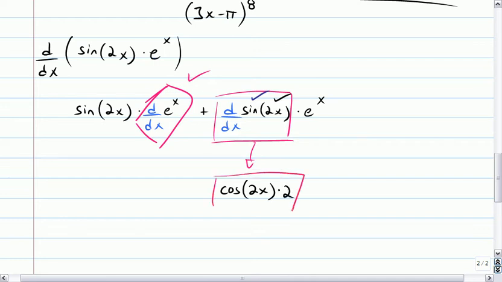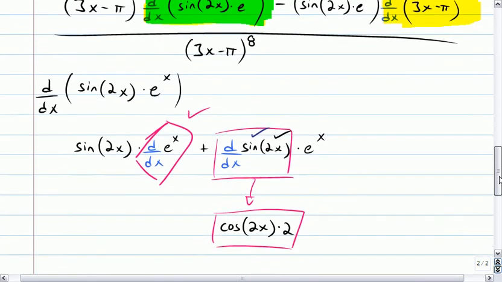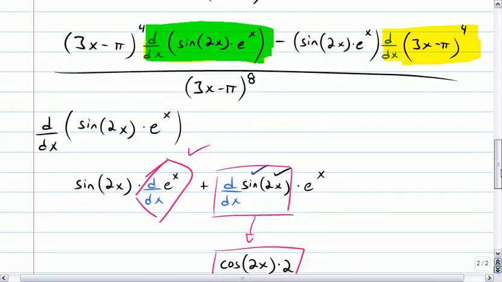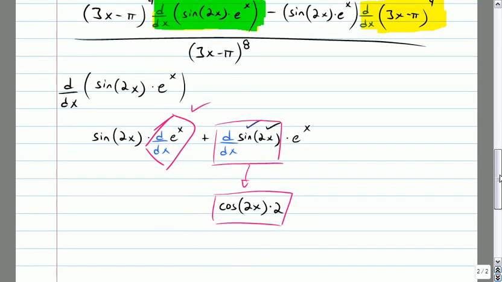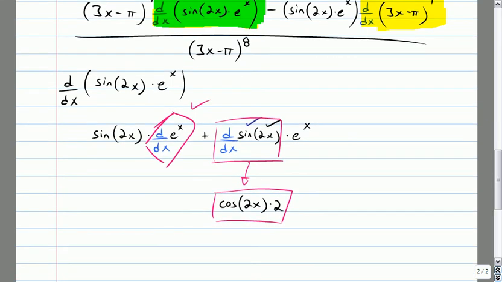So I think we pretty much have that green piece now. So I'll write it out. So that green piece is sine of 2x times e to the x plus 2 cosine 2x e to the x.